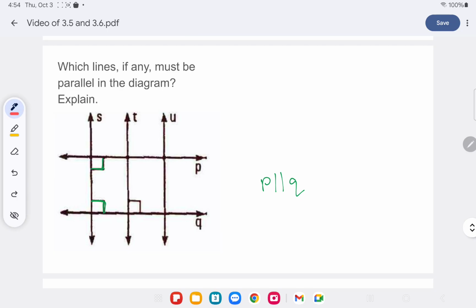Similarly, we have S and T are both perpendicular to Q. Since S and T are both perpendicular to Q, S and T must be parallel to each other. But if you look at line U, it doesn't have any right angles shown, so we don't know that it's perpendicular to any of those lines. Therefore, we can't prove anything about line U.